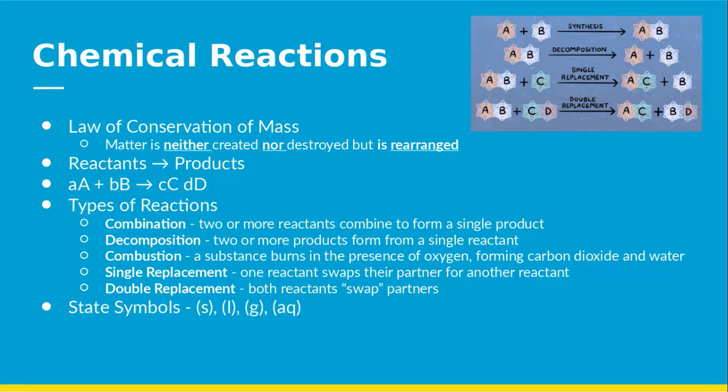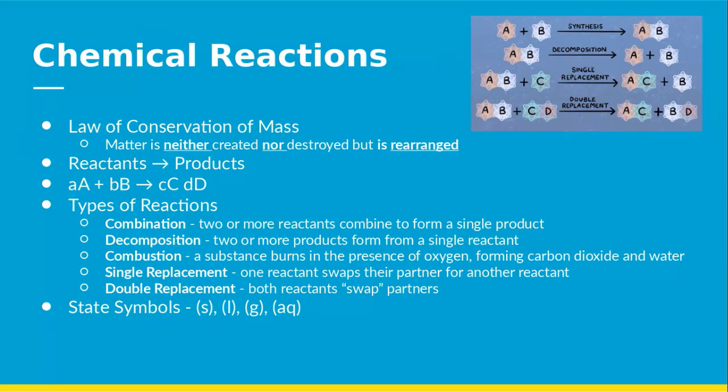And then you also have a combustion reaction, which typically involves a carbon or hydrogen compound that burns in the presence of oxygen, so you typically need heat along with oxygen. It will always form carbon dioxide and water, so that's a special one. The products will always be CO2 and H2O.